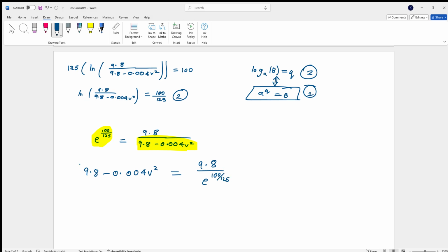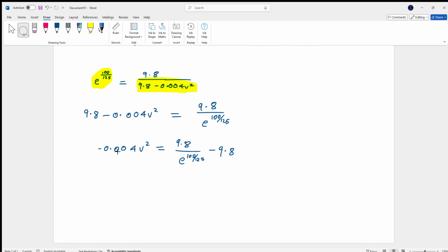Doesn't that look great? Move the 9.8 to the other side by subtracting it. So 9.8 over e to the 100 over 125 minus 9.8. Divide both sides by the negative 0.004 as well. So you're going to have v squared equals all of this.